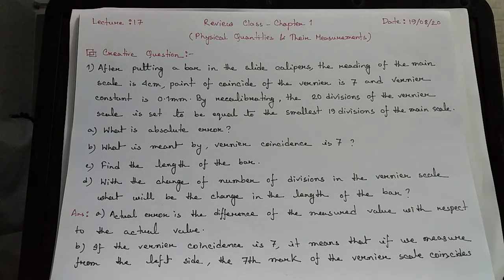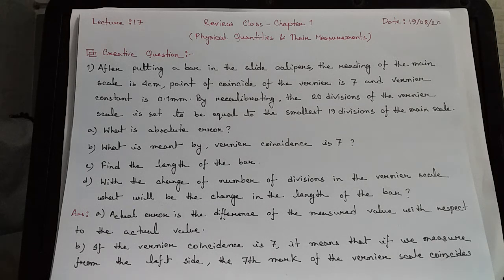Then there are two scales, the main scale and the vernier scale. If any mark of the vernier scale matches with any mark of the main scale, that number of the vernier scale is called the vernier coincidence.